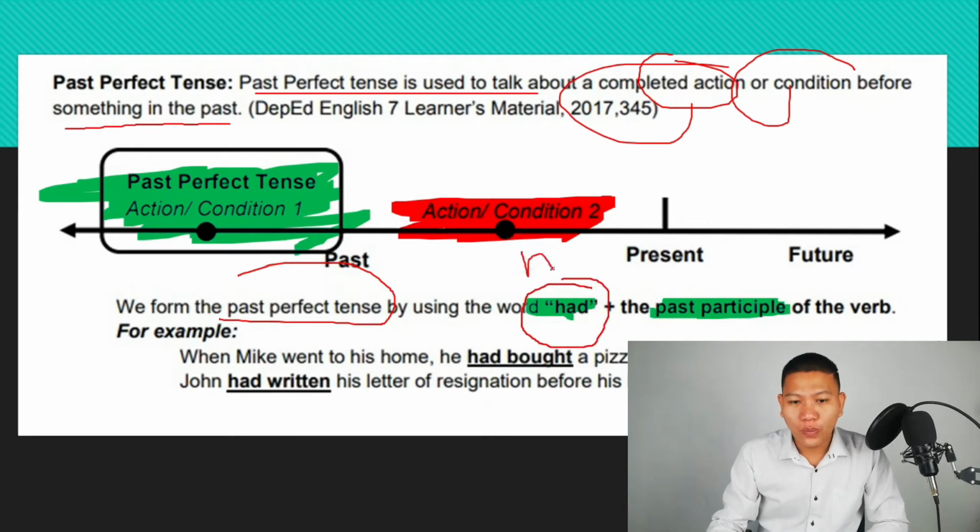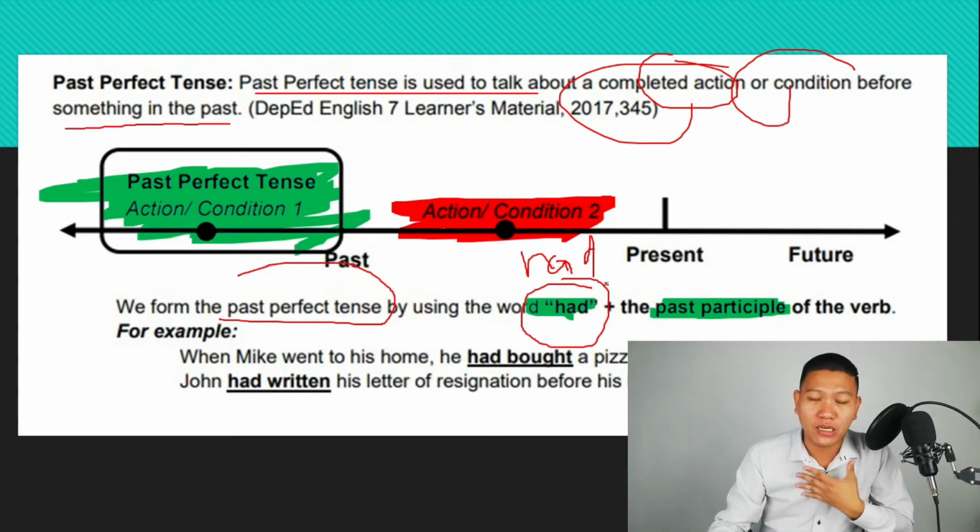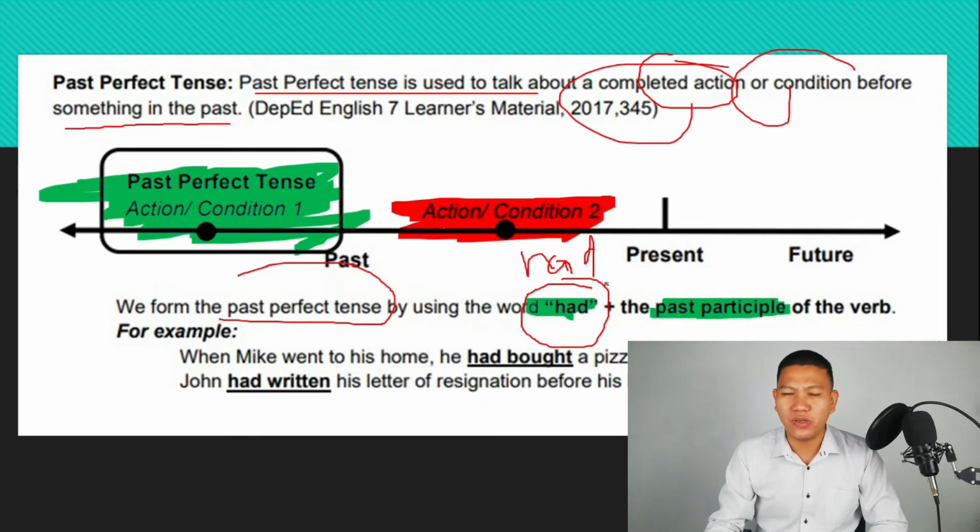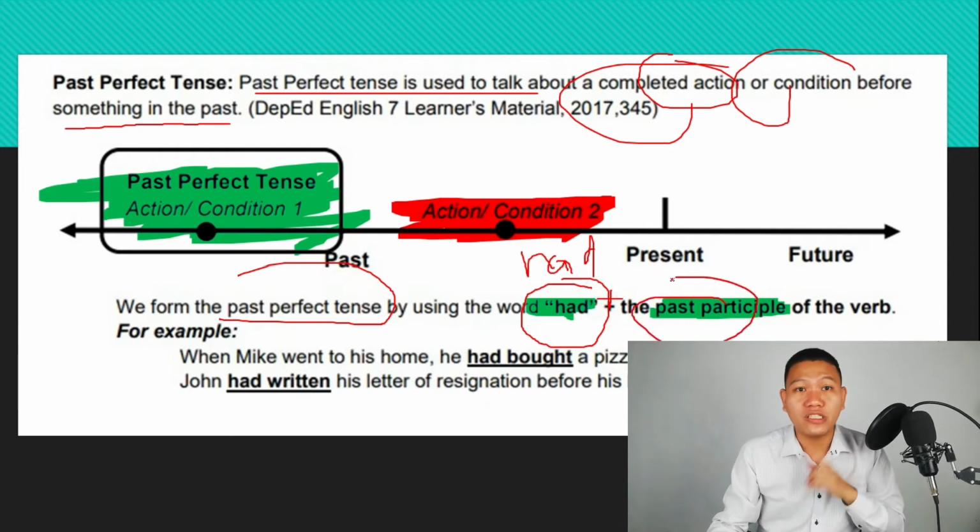Always it's had. Whether it's singular or plural, we always use had. Unlike in present tense, we use either has or have depending upon the subject. But in past perfect, we just simply use had. Had, and then the past participle. Take note, it is the past participle form, not the simple past form.